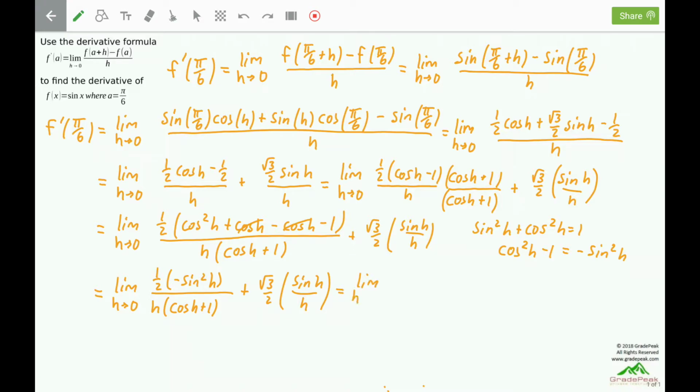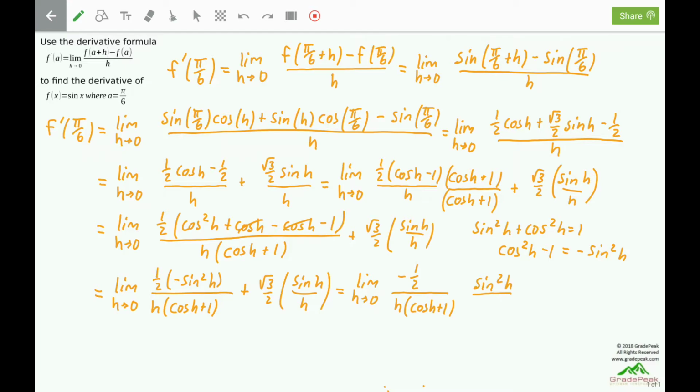So this is limit as h goes to 0 of, what we have to do with this first expression is isolate the sines, because we need to turn them into the identity as well. I'm going to have the negative just sit with the 1/2. They're multiplying each other, so I can move the negative out front like so. I'm going to isolate, they're still multiplying, sine squared h.